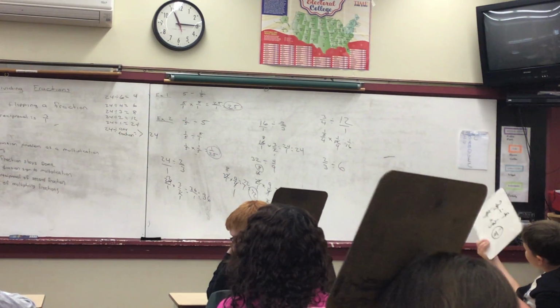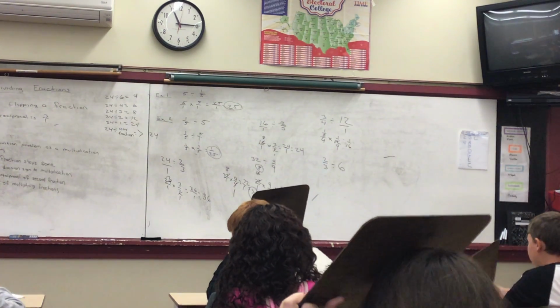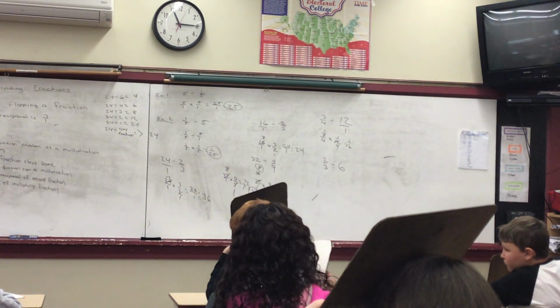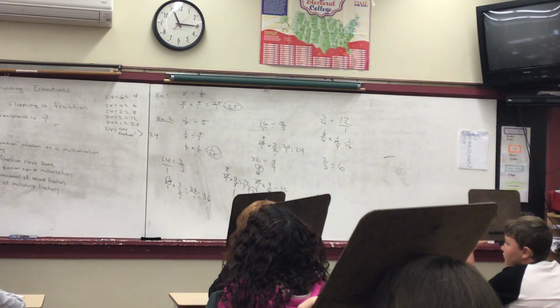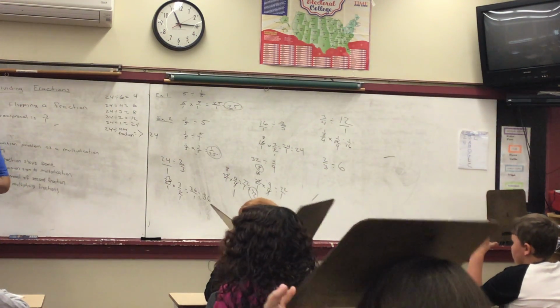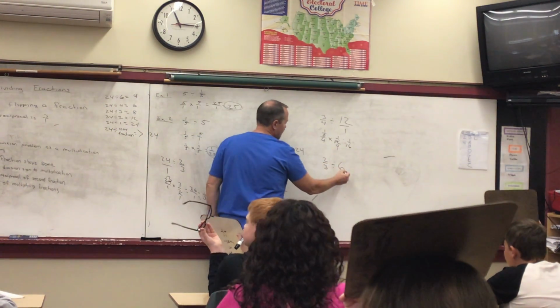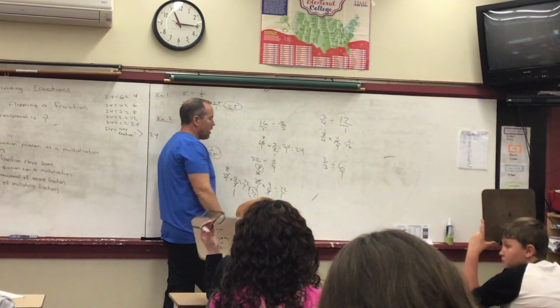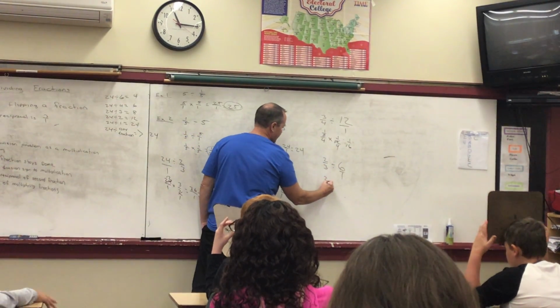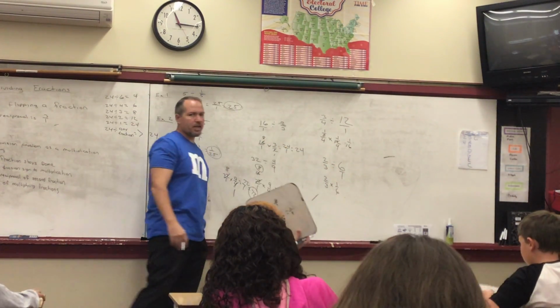First fraction stays the same. So 6 becomes 6 over 1. Now we're going to rewrite it as a multiplication problem. That first fraction stays the same. Change division to multiplication. Write the reciprocal of the second fraction.